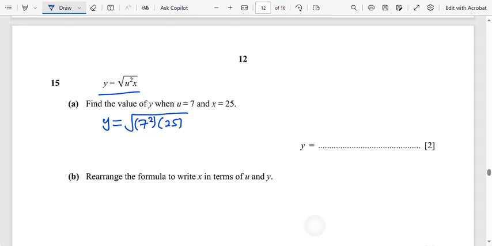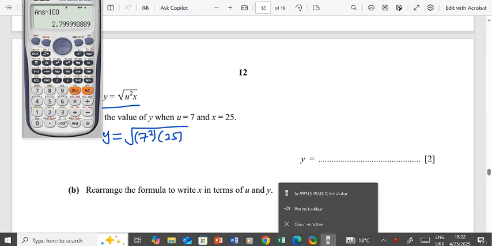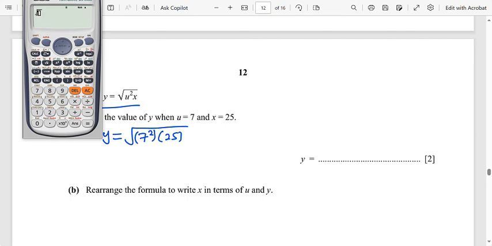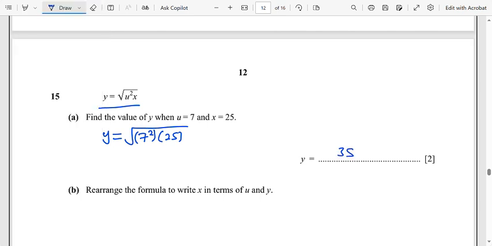Basing on the number of marks, we might go ahead and substitute it into the calculator. So 7 squared times 25 under a square root, we get 35. So the answer is 35.